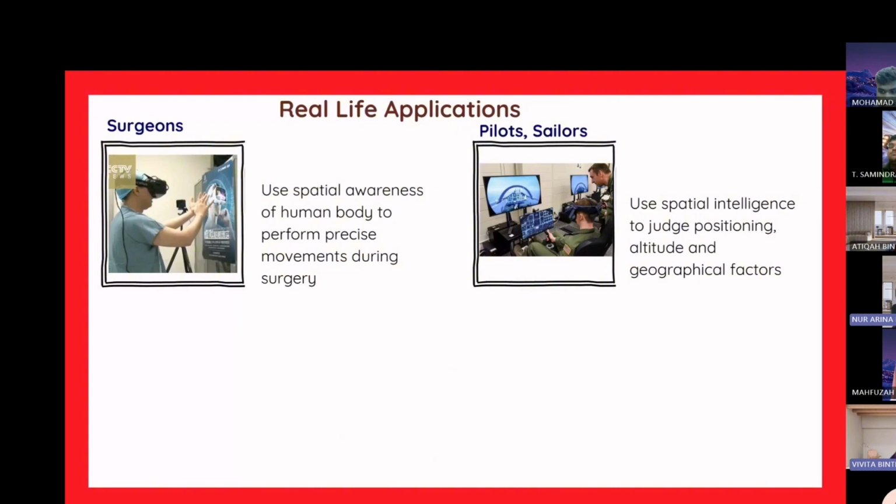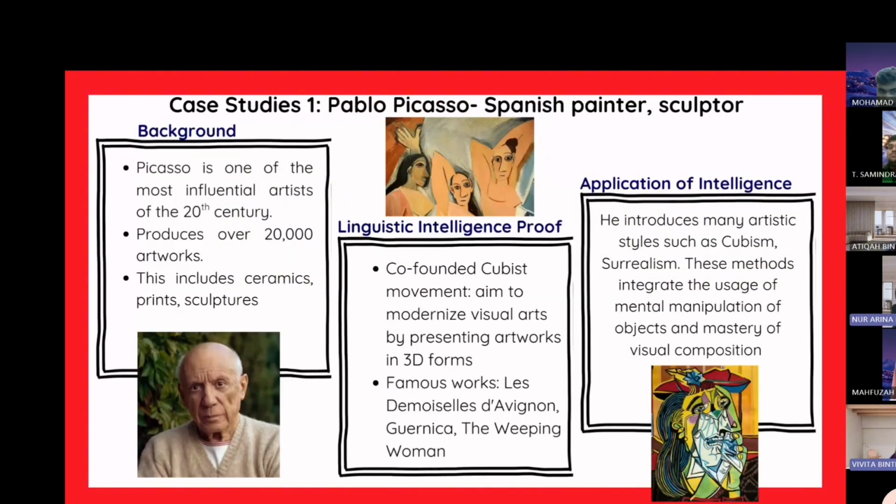Moving on to our first case study, we have Pablo Picasso, a truly iconic Spanish painter and sculptor, and one of the most influential artists of the 20th century. Picasso was incredibly prolific, producing over 20,000 artworks, including not just paintings, but also ceramics, prints, and sculptures.